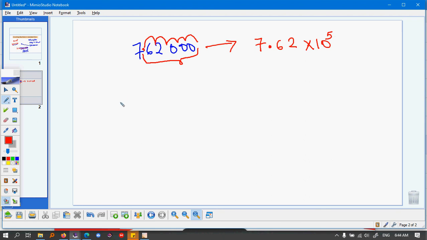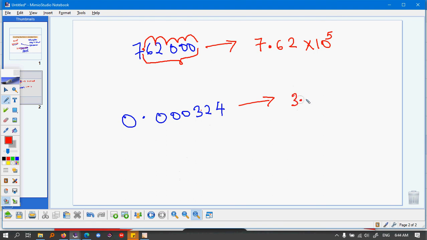Now, what if my number was in the category of the small numbers? For example, 0.000324. In this case, I still follow the same steps. I will have my point move between 3 and 2 so that I can achieve the condition of my a being between 0 and 10.